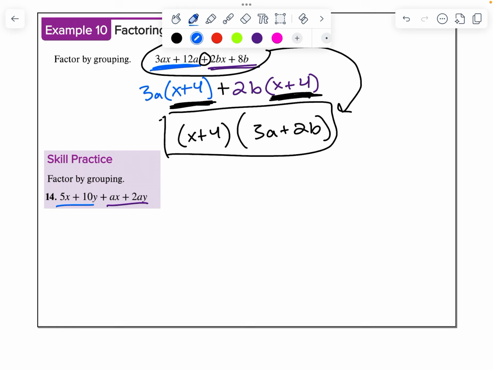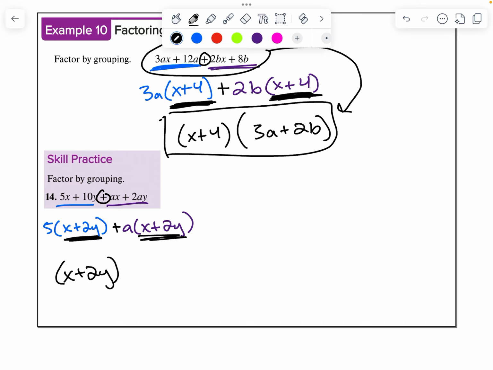For the blue group, the GCF is 5, and if you took it out, you'd have x plus 2y. I'm going to keep the sign in the middle, and the GCF of the second 2 terms is a, and if you factored it out, you would have x plus 2y. This is your checkpoint. If you're factoring by grouping, you really want these 2 parentheses to match up so that you could factor them out.